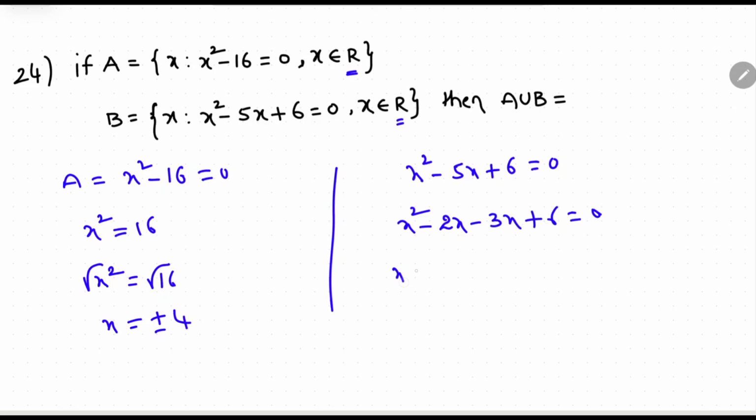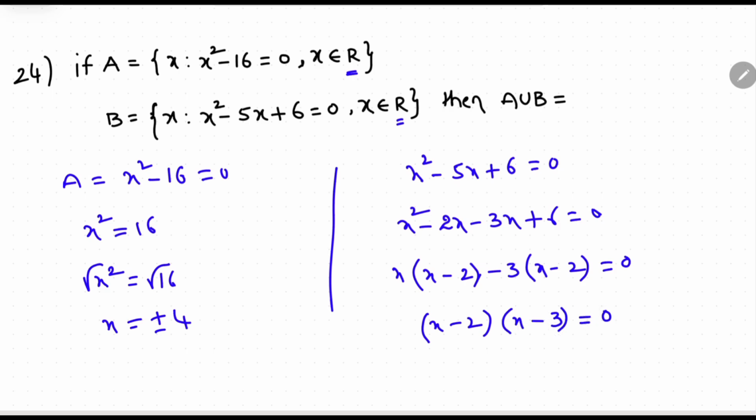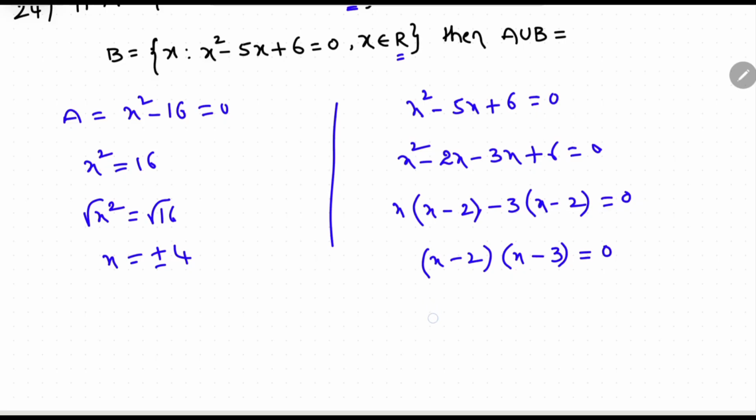When you take x common, we will get x minus 2. When you take minus 3 common, x minus 2. So x minus 2 is common, and x minus 3 will be the leftover factor. Therefore x is equal to 2, and one more thing, x equals 3.